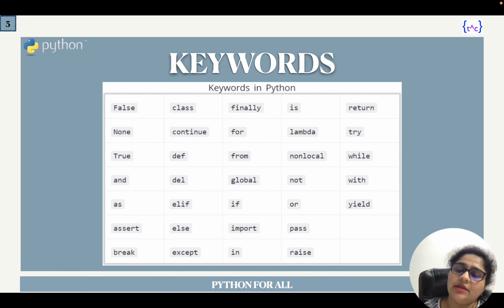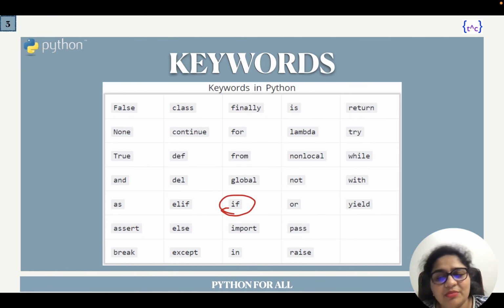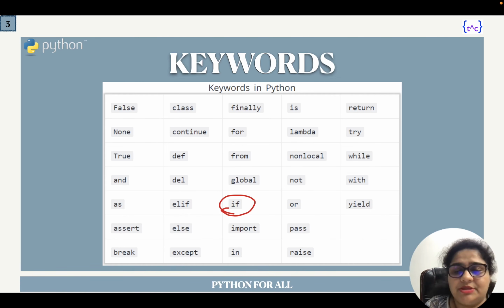And by practice, you will be able to remember them. Today we've discussed this if keyword, but other than if, there are many other keywords which are reserved for Python specific purposes. All right. So I hope keywords are also clear to everyone.